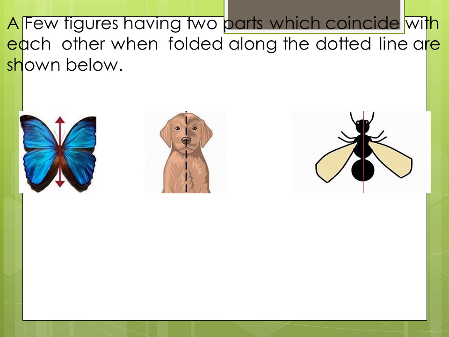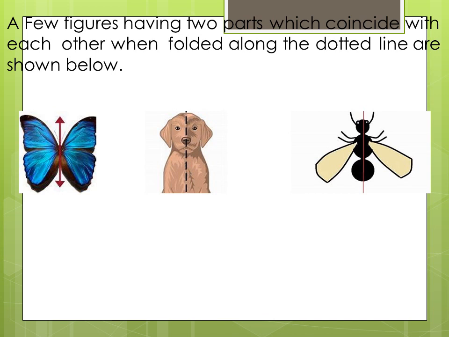You can see that if you fold the butterfly along the dotted line, you can get two pieces which coincide. And the dog is also the same.